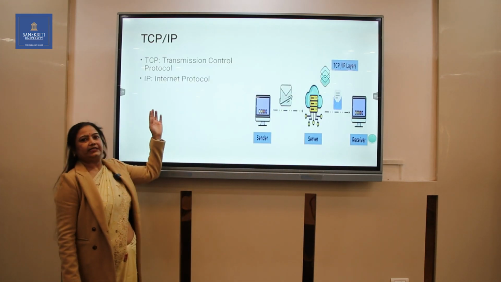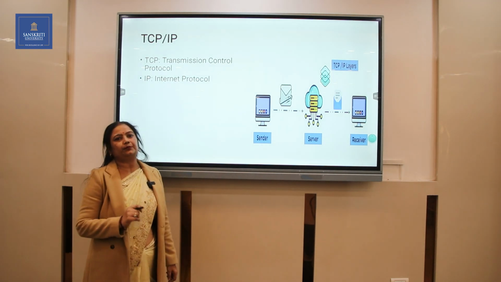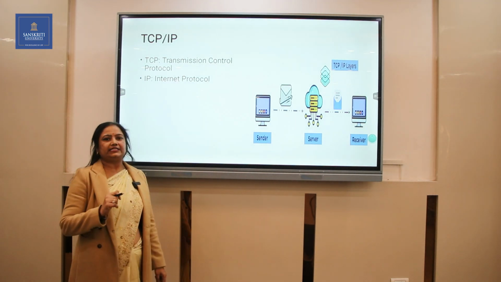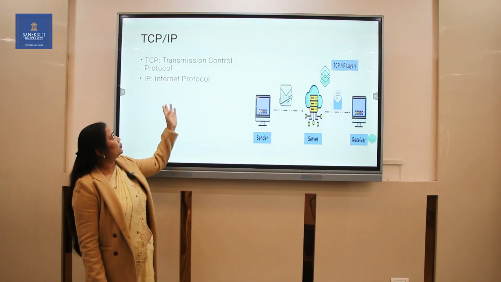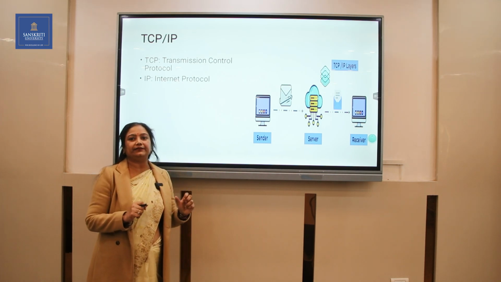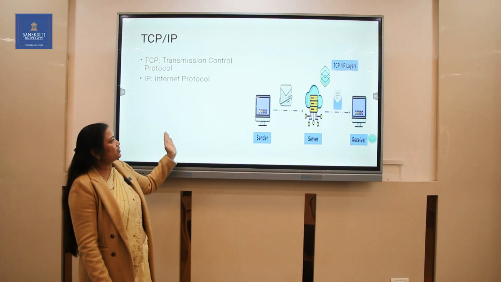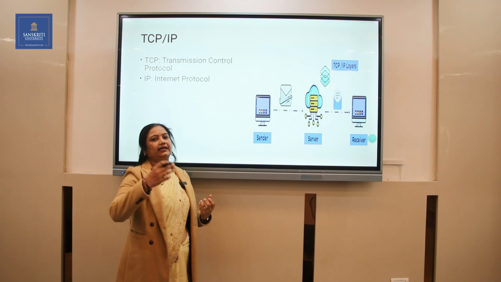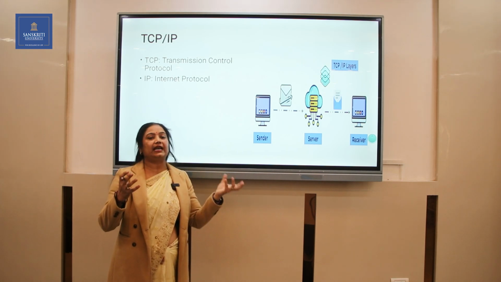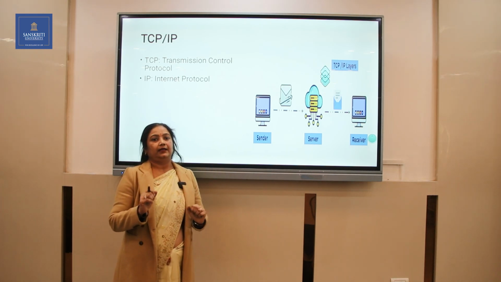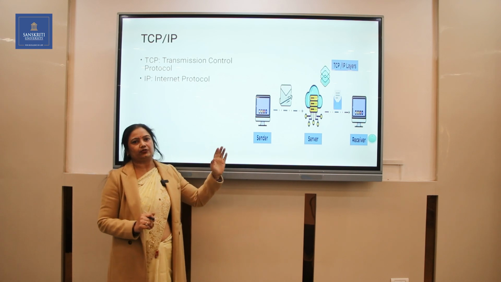Now TCP and IP, these are the set of protocols we are using here. TCP is the transmission control protocol, through which we identify the transmission, meaning one is the sender and another one is the receiver. How reliable communication is to be held is done with the help of the transmission control protocol.